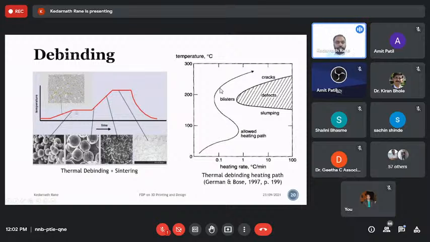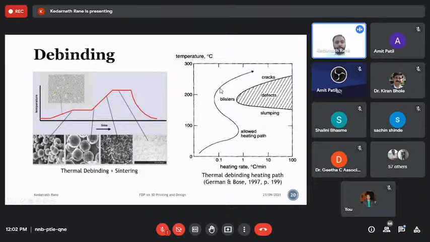You need different hold times to remove this binder system. It is typically at lower temperature as compared to the sintering temperature, as you can see here. And to avoid damages or defects in the part, you need very slow heating as well as cooling during the debinding.